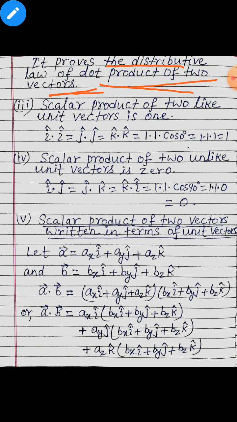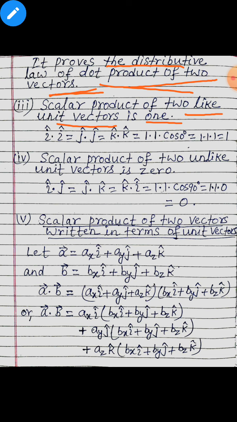Now, another property of scalar product, property number 3: the scalar product of two like unit vectors is 1. Here i, j and k are the unit vectors along the x-axis, y-axis and z-axis.